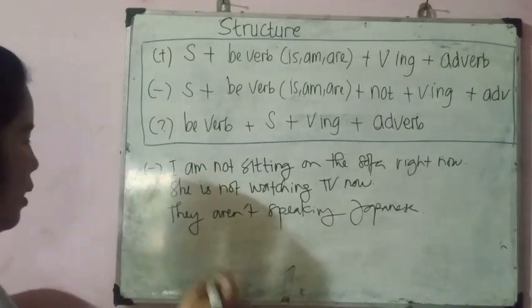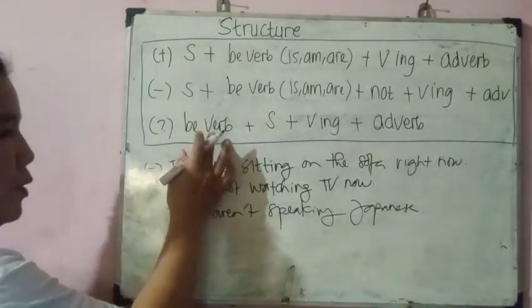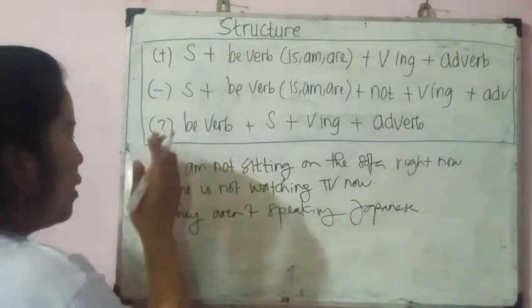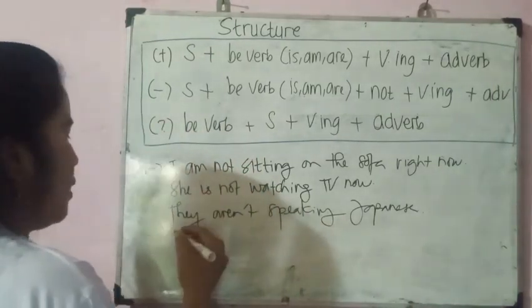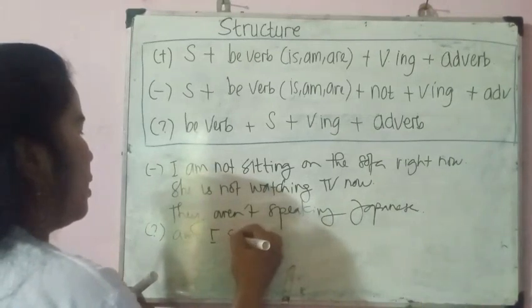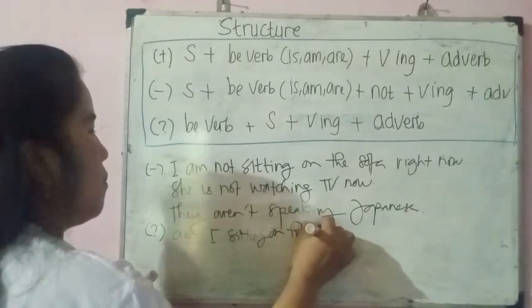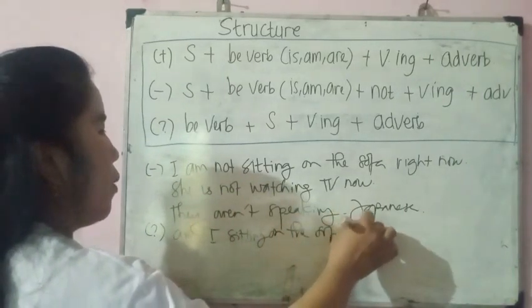Next, in the interrogative sentence, or question, we put the be verb at the front of the sentence. For example, am I sitting on the sofa right now?